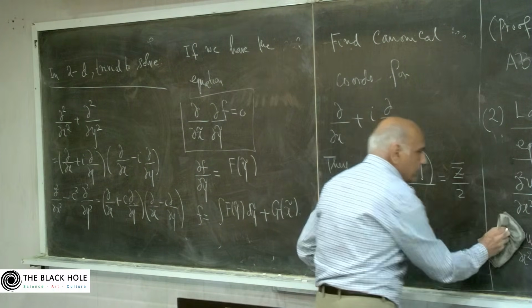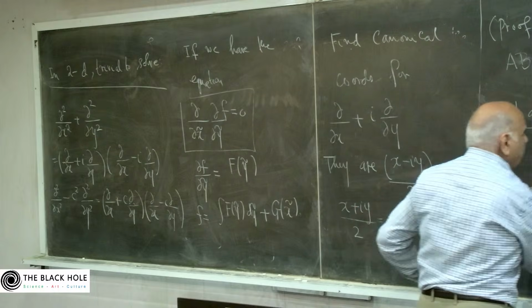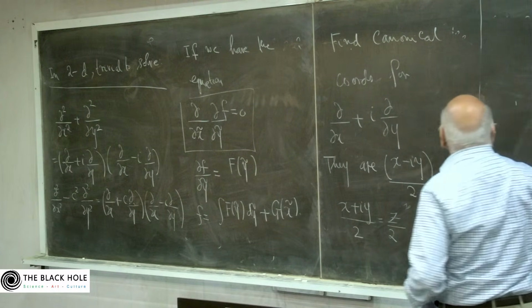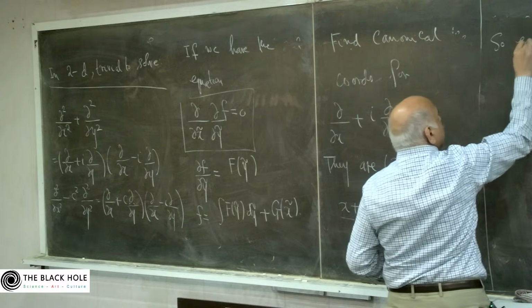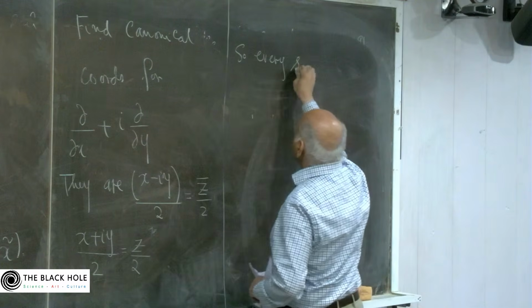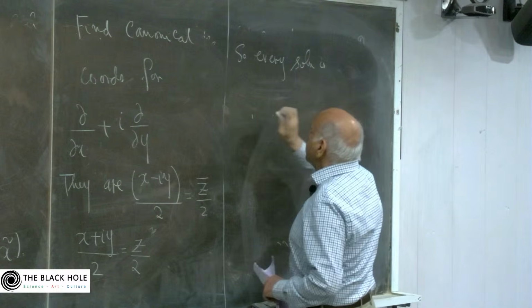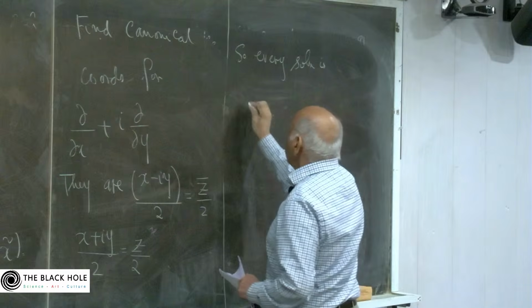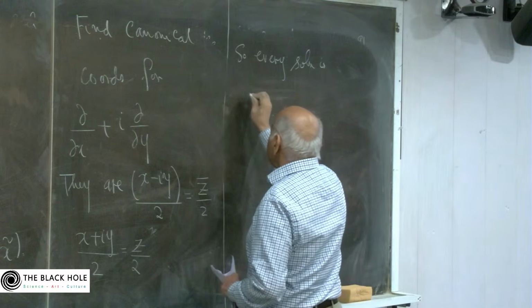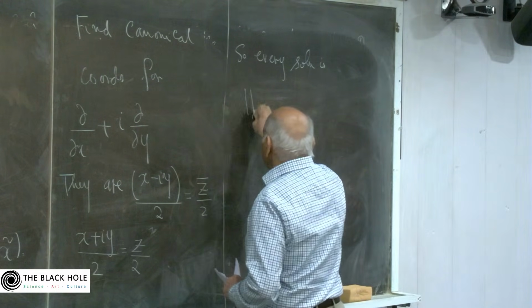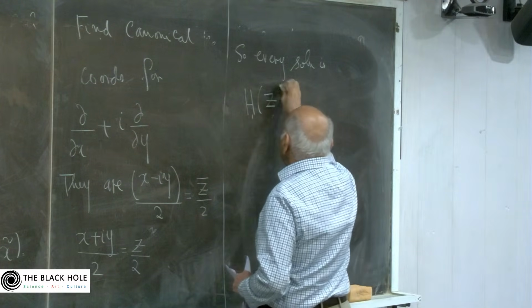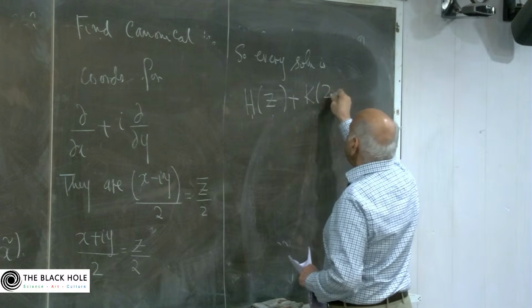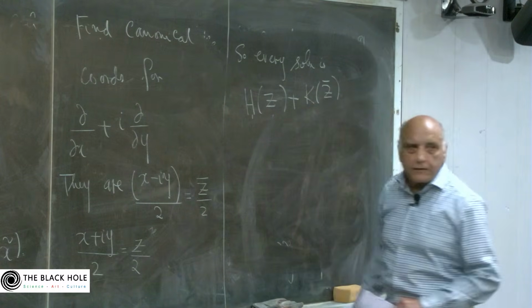So every solution is a function of h z plus k z conjugate, right?